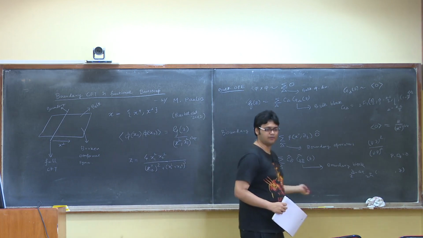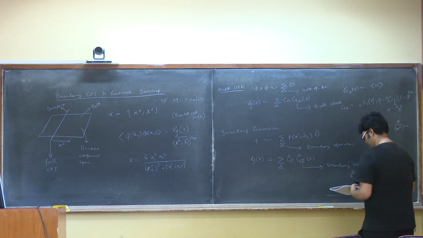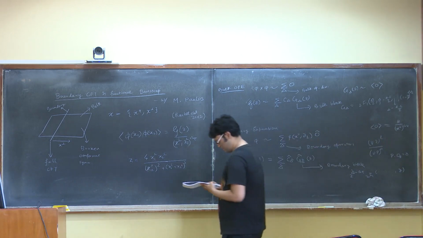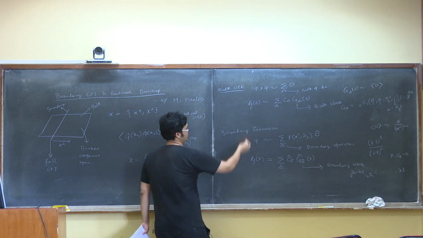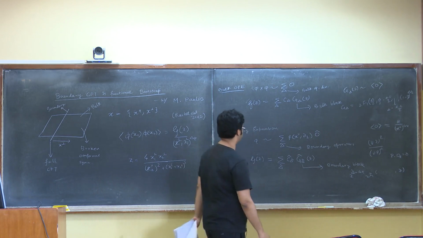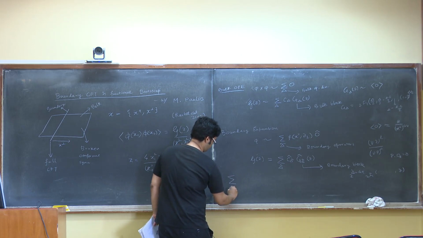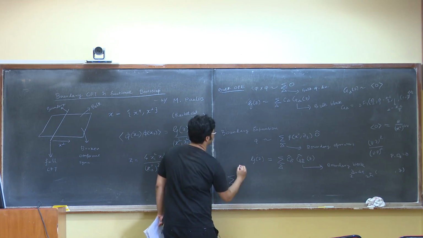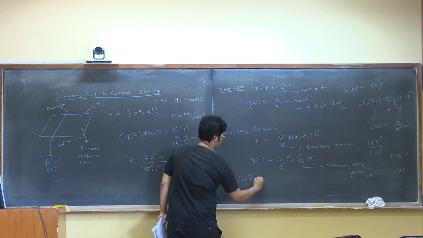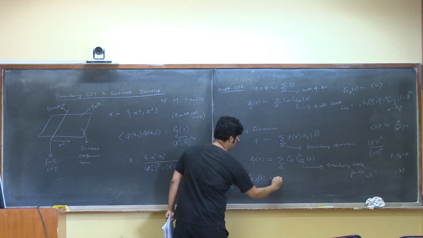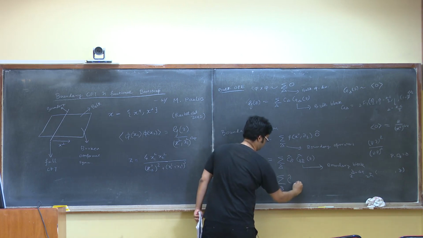Here we can have anything. Yeah. Okay. And the statement for boundary bootstrap is that these two expressions should be equal. So we have a sum over bulk operators, C of delta, G of delta, of Z, equal to a sum over delta hat, C hat of delta hat, G hat of delta hat.